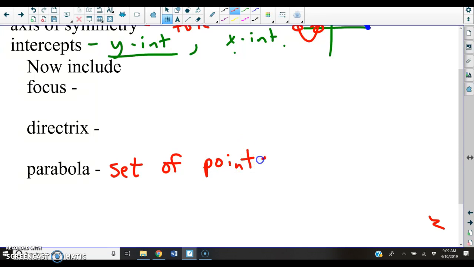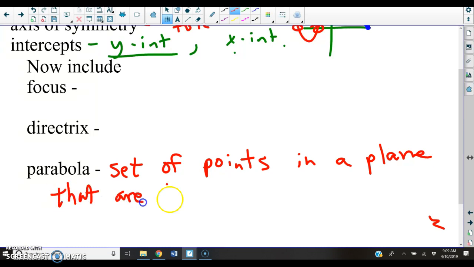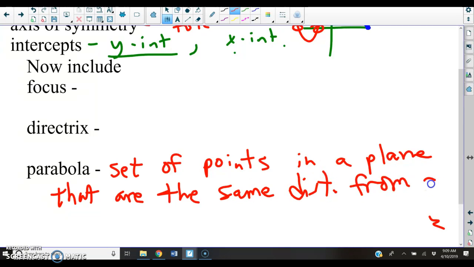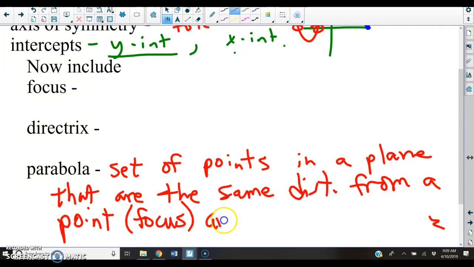in a plane that are the same distance from a point, which we call the focus, and a line that we call the directrix.